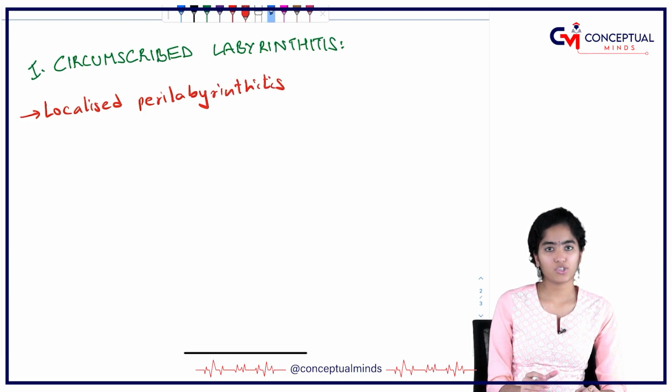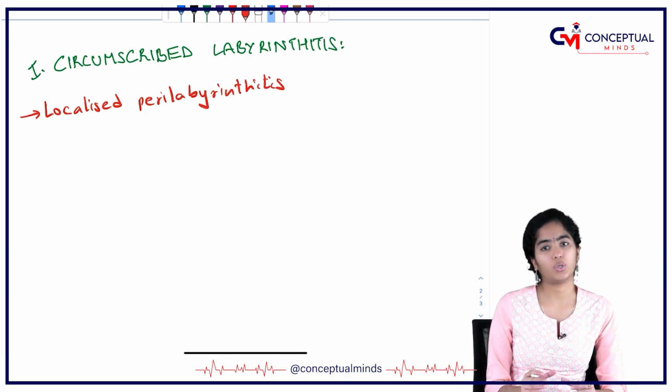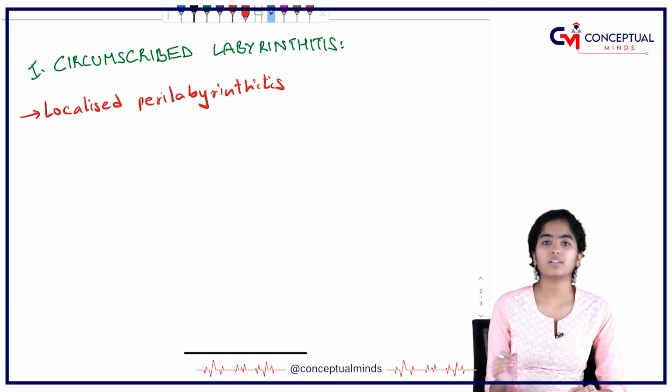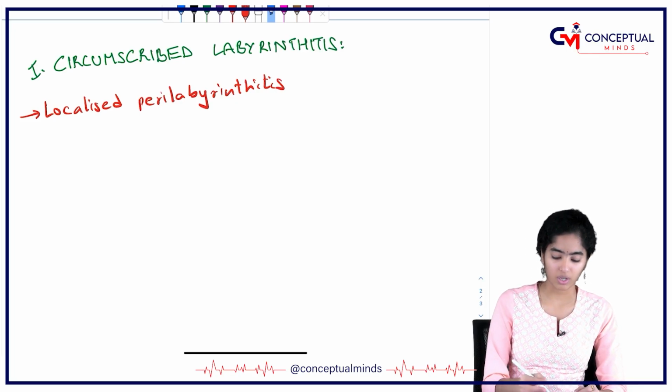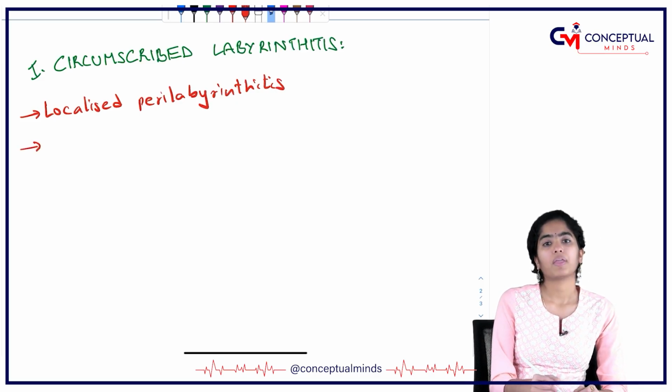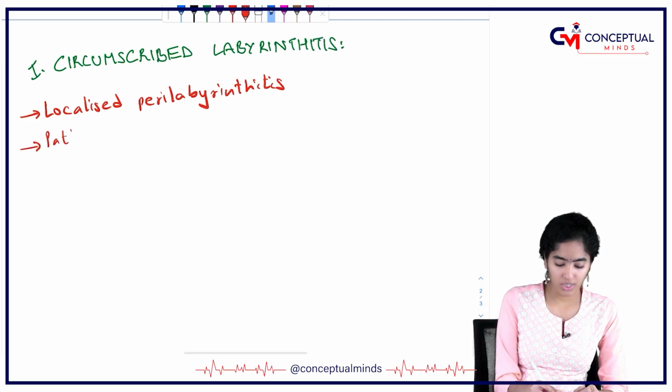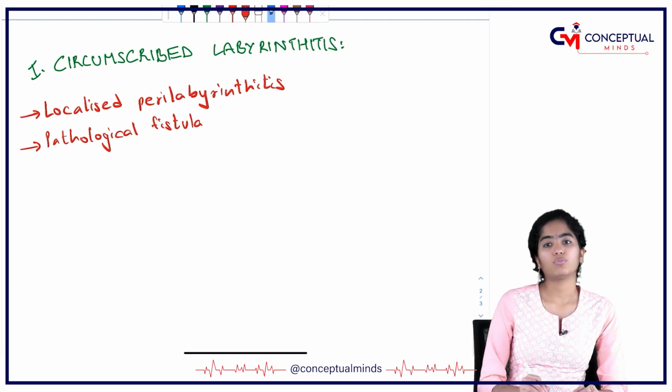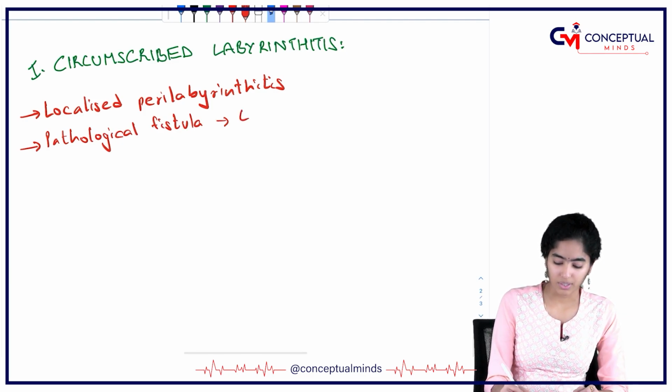There is formation of a pathological fistula, mostly into the lateral semicircular canal. Now, in this type of labyrinthitis, there is thinning or erosion of bony capsule. Usually, the one that is involved is the horizontal semicircular canal. So, what are the two features? First, there is a pathological fistula involving the lateral semicircular canal.